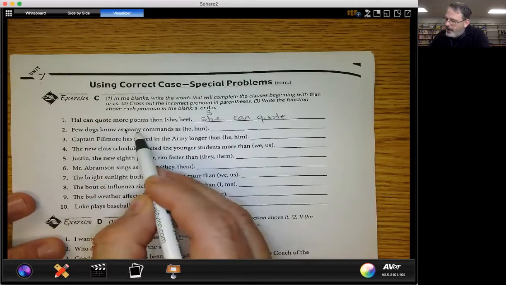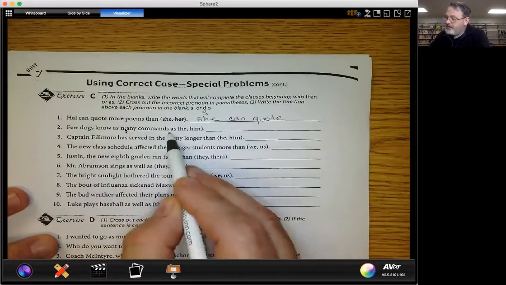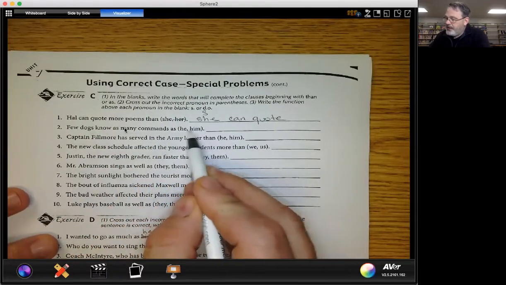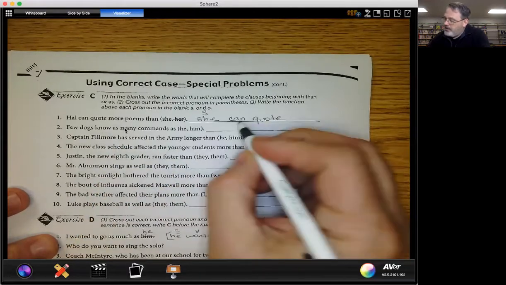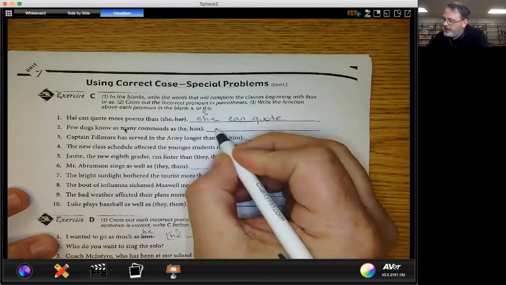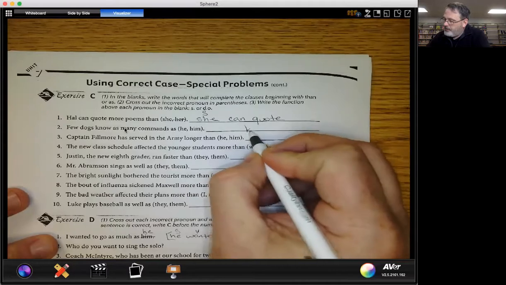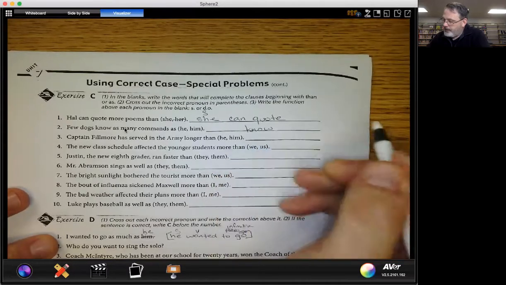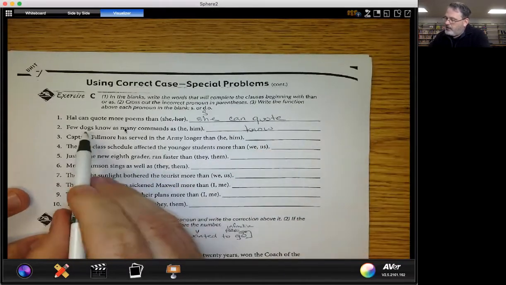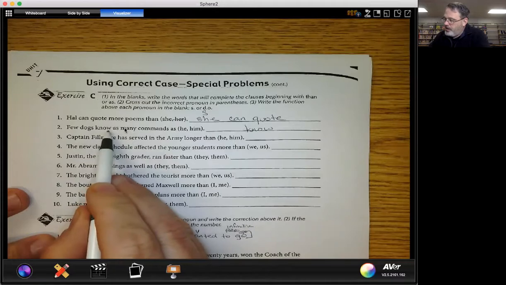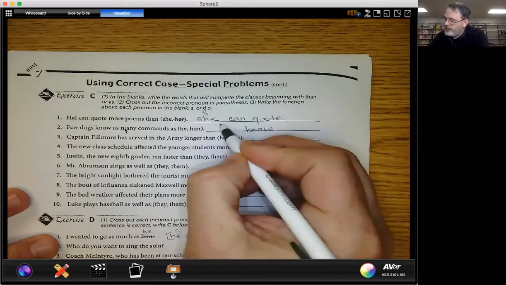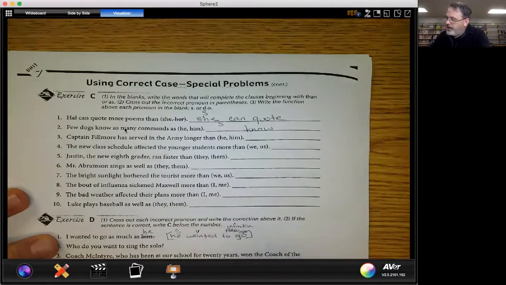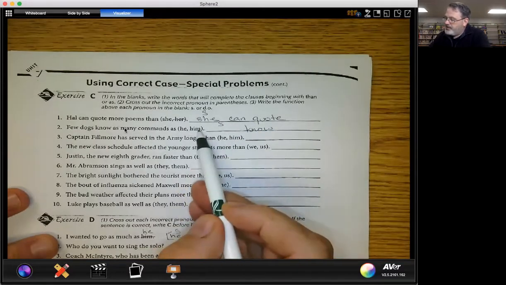Few dogs know how many commands as either he or him, and the verb is know. So the phrase is going to be either he or him, know. Okay? Dogs is the subject, know is the verb this time. So that means that we are going to be picking a subject. And now we just have to determine which pronoun to use.